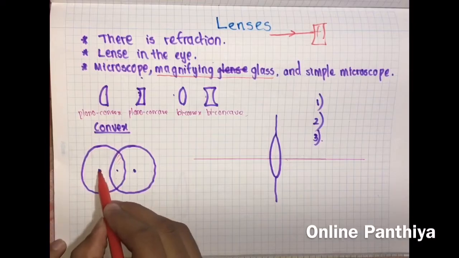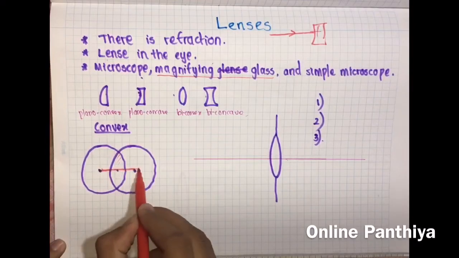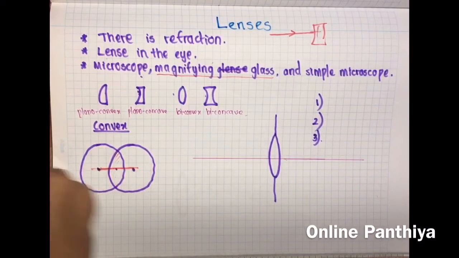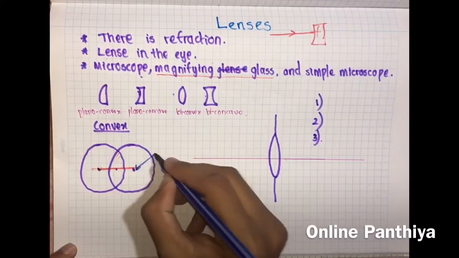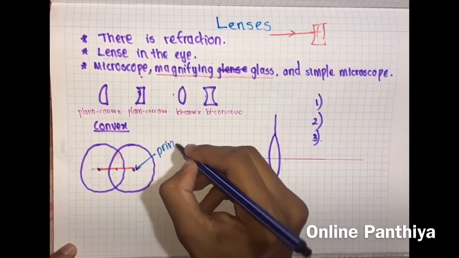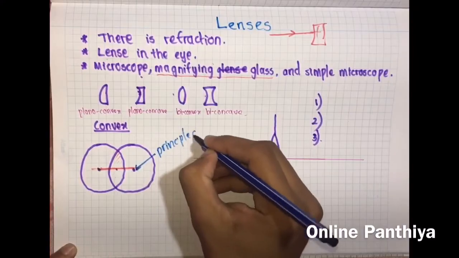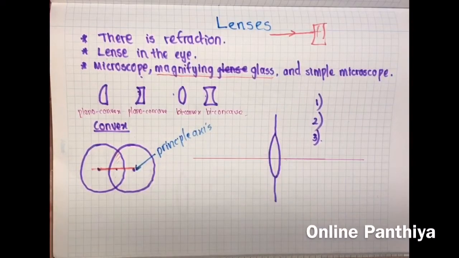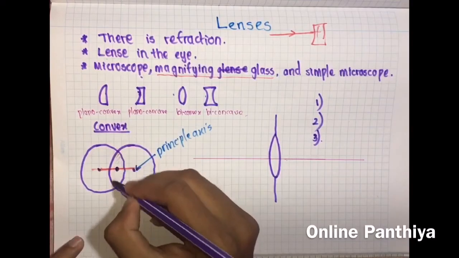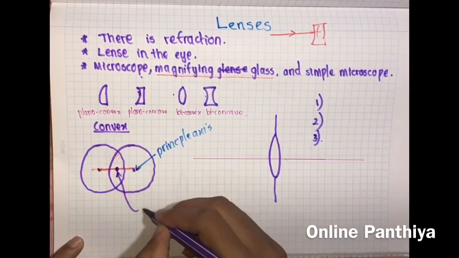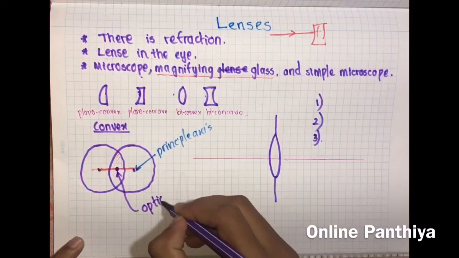If you join these two centers, this line you call the principal axis, and there is a center of this lens. You call this the optical center.